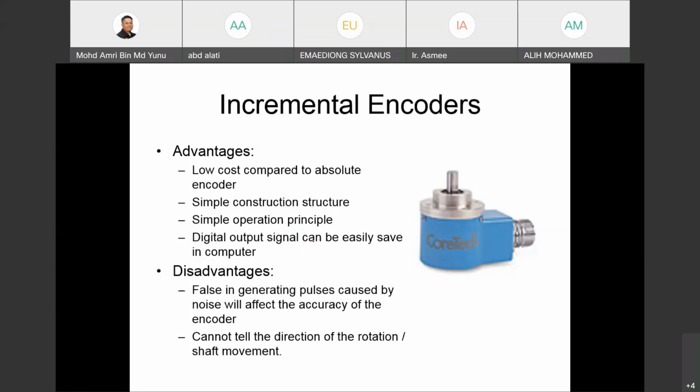The disadvantage of the incremental encoder is that faults in generating pulses caused by noise affect the accuracy of the encoder. Also, it cannot tell the direction of rotation or movement of the shaft.